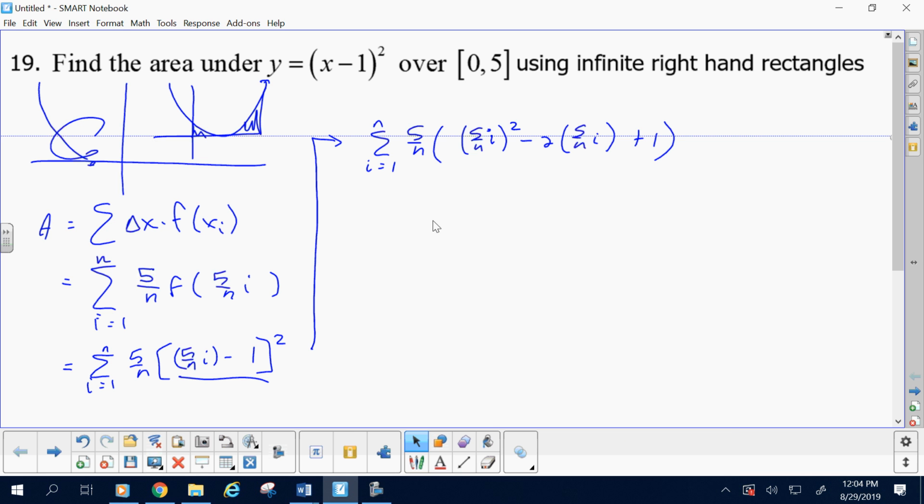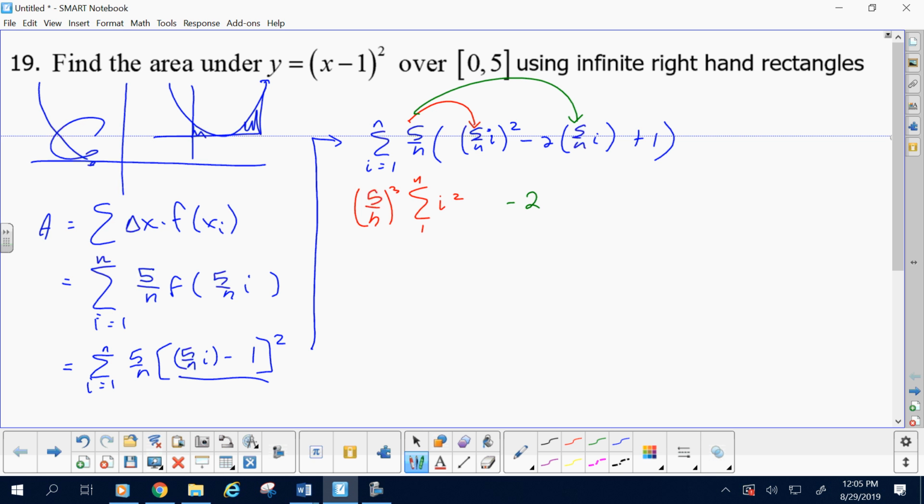The first one will be when I distribute this and pull stuff out. So what do I get when I pull stuff out? 5 over n cubed times the sum of a bunch of i squareds. If I then distribute 5 over n to that, what's out front? 5 over n squared.